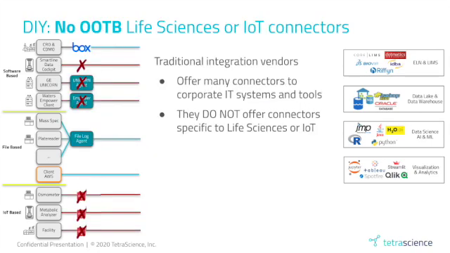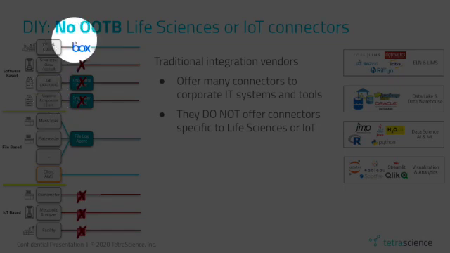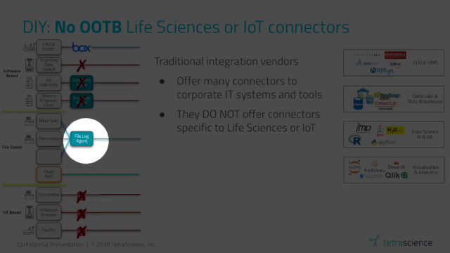Well, most of these vendors, actually, I'm not aware of any of the traditional vendors that actually provide connectors for things like Unicorn or Waters and Power. They provide normal things that are used in corporate IT, like a Box connector or a file connector.